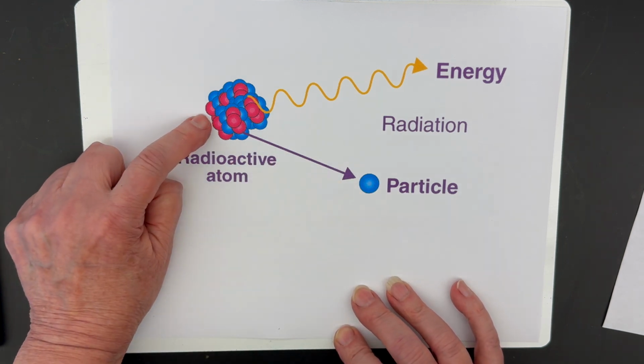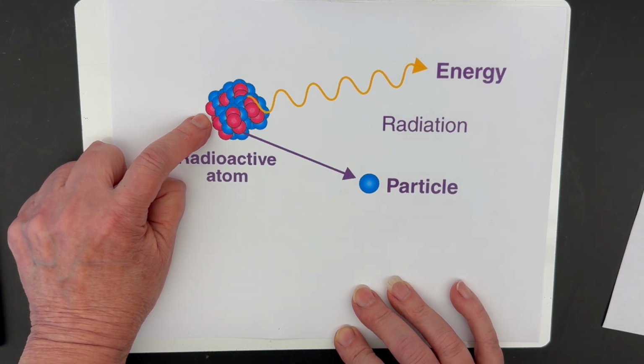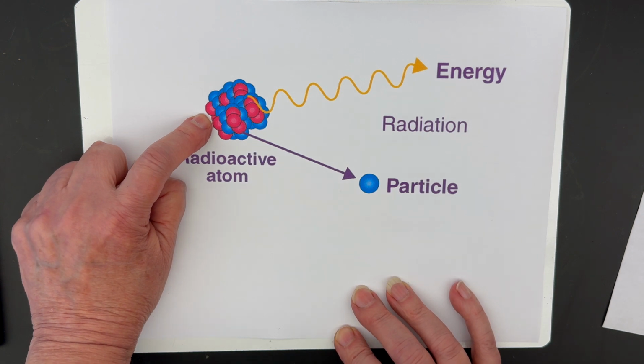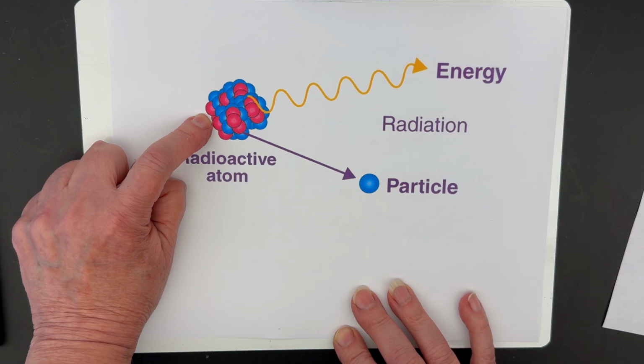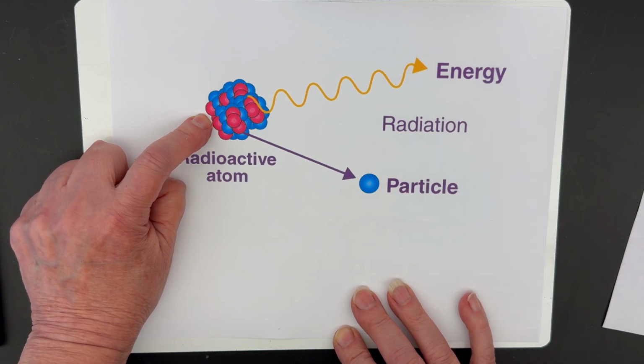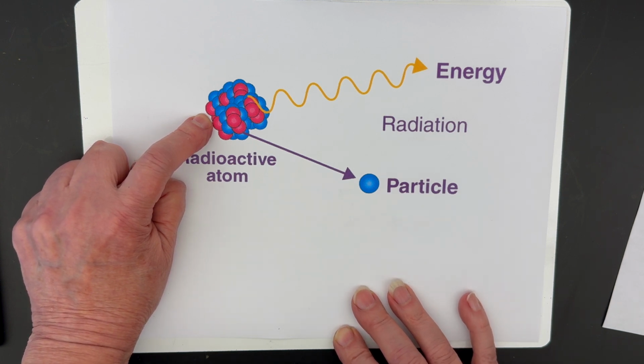Now you might think that's kind of weird, because we've always been taught that a nucleus has protons and neutrons and does not have any electrons in there. However, a neutron is just a little tiny bit heavier than a proton. And so what happens is a neutron, which is neutral, is basically a proton and an electron stuck together.